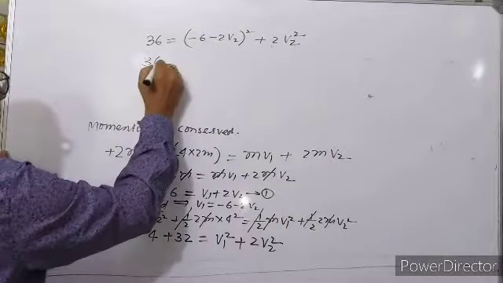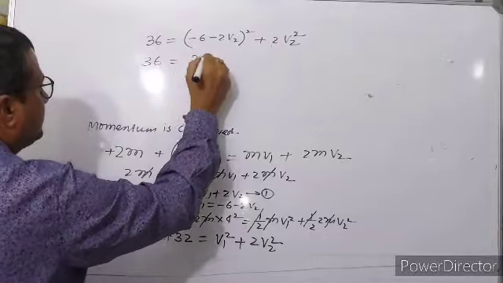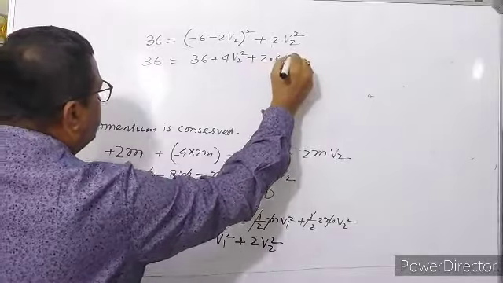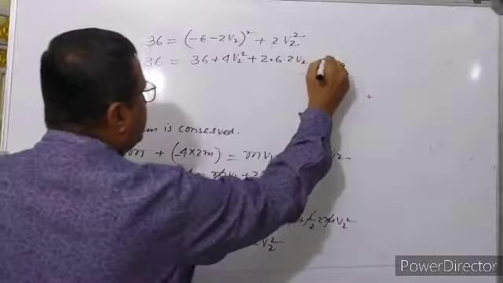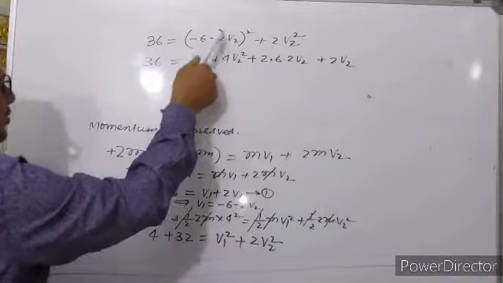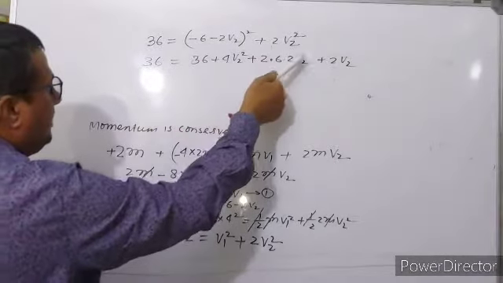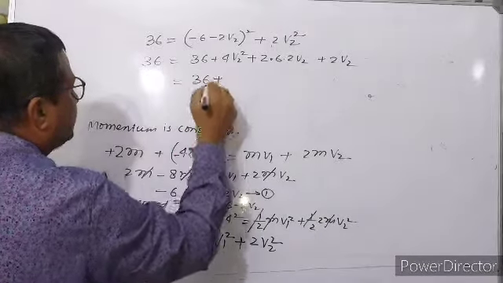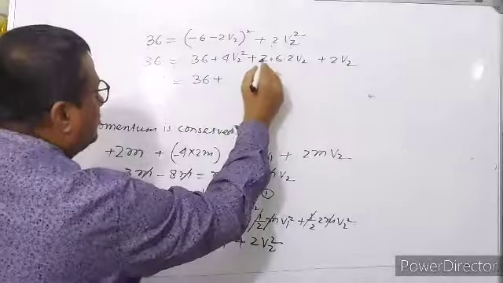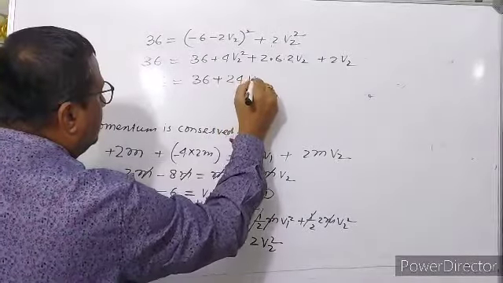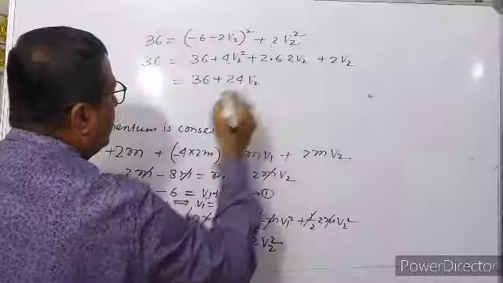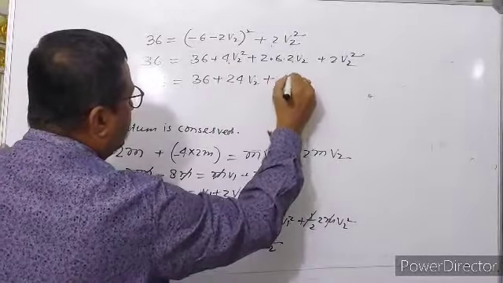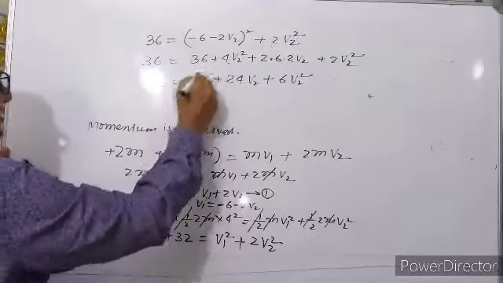So this will be equal to 36 plus 4 v2 square plus 2 into 6 into 2 v2, a square plus b square plus 2ab. That is equal to 36 plus 24 v2, plus 4 v2 square, and this is 2 v2 square, 6 v2 square. 36 will be cancelled.